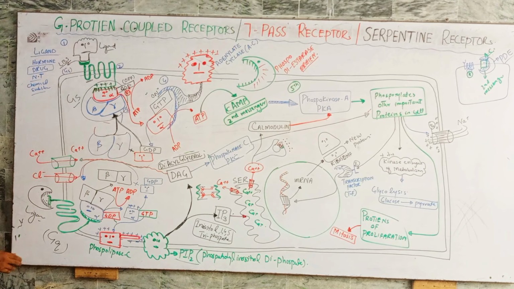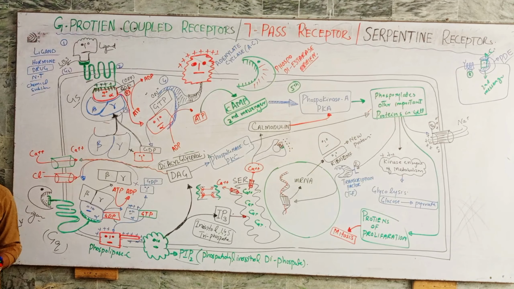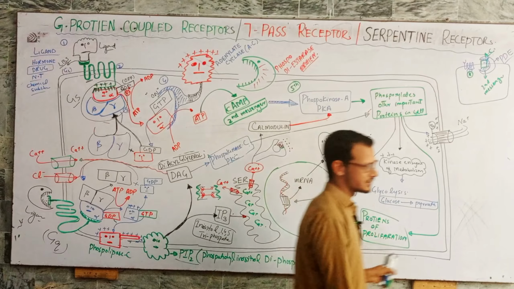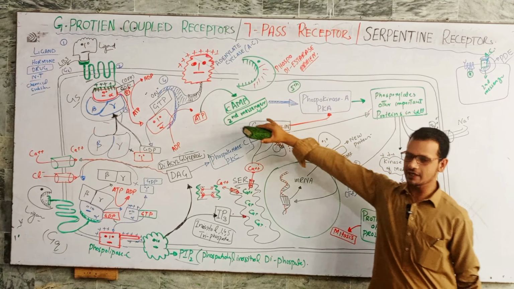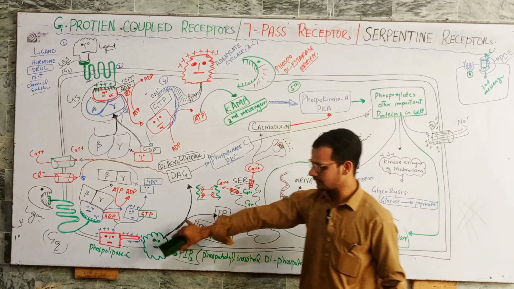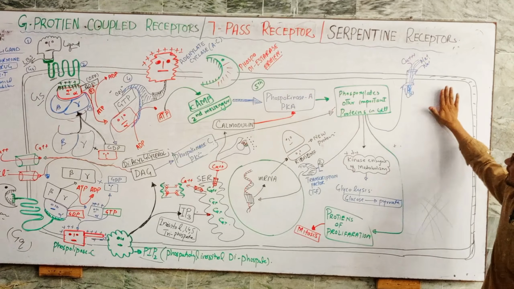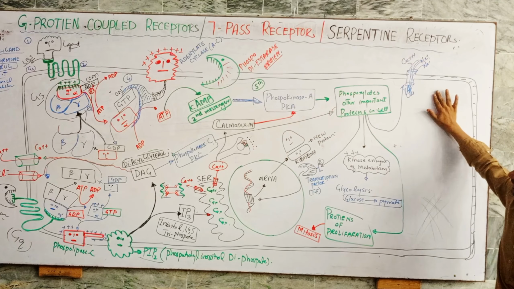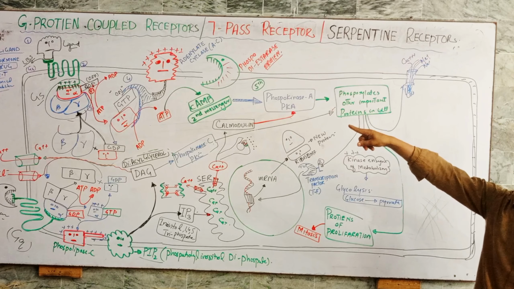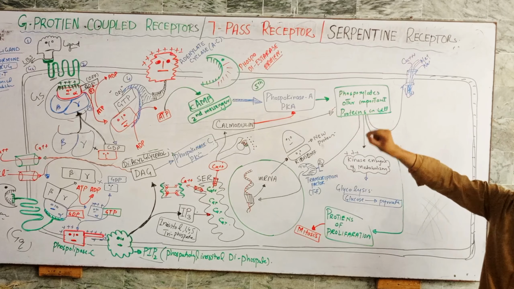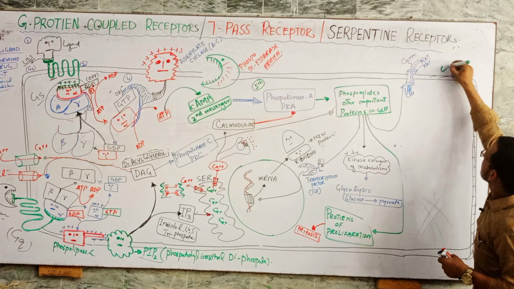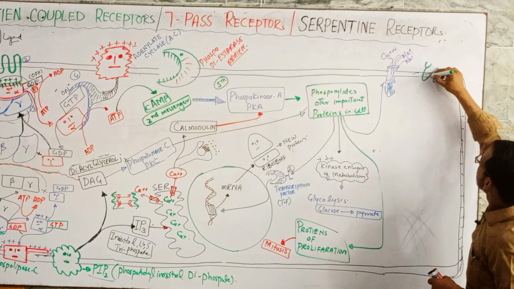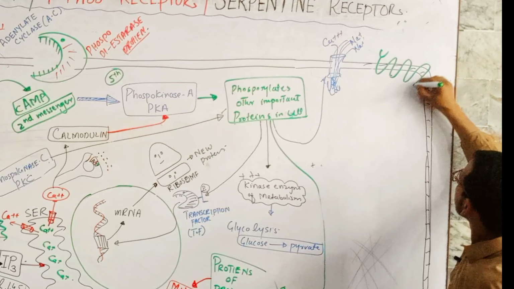Now we will discuss the Gi pathway. The Gi pathway is very simple because it will block the formation of these second messengers. So now we will go for the mechanism of the Gi receptor, the 7-pass receptor, which is an inhibitory receptor. For example, this is a receptor, 4, 5, 6, 7.